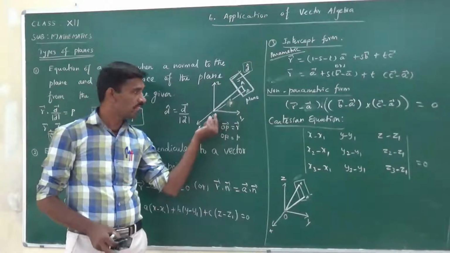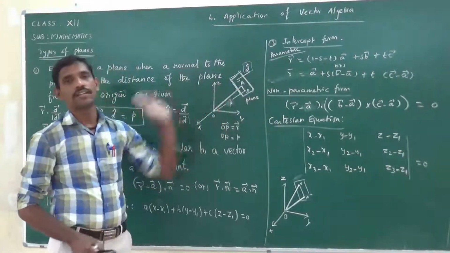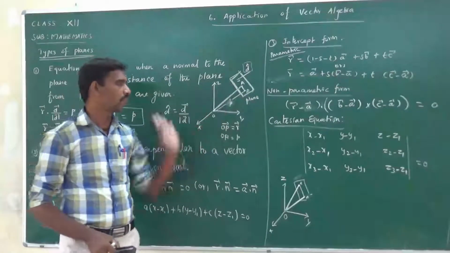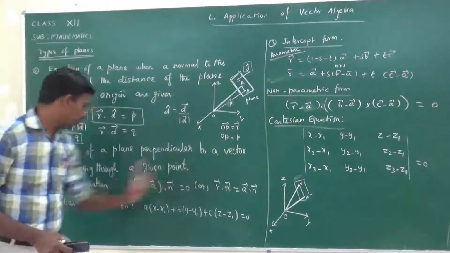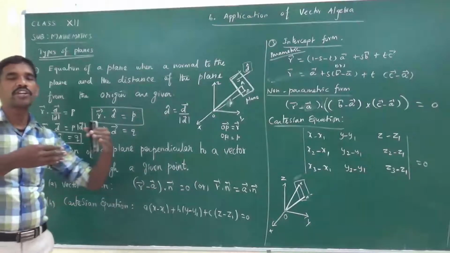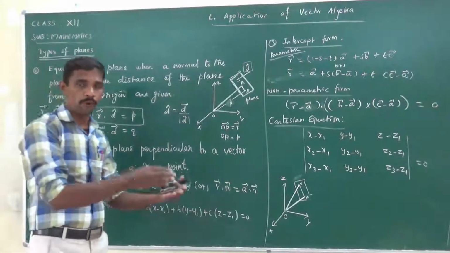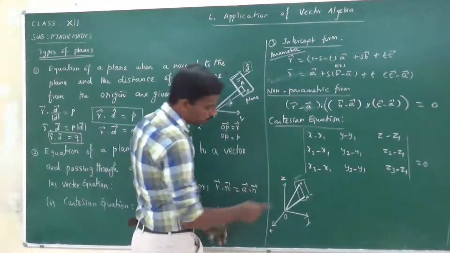The distance from the origin to the plane and a normal vector will be given. Next, the equation of a plane perpendicular to a vector and passing through a given point. Now we are finding the equation of a plane when one point and one normal vector are given. Look at this diagram.